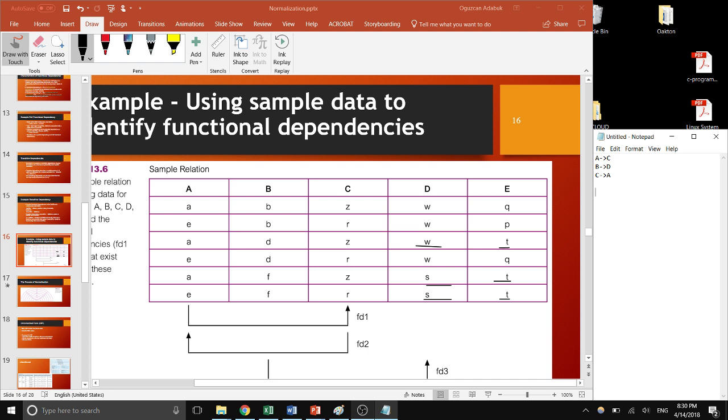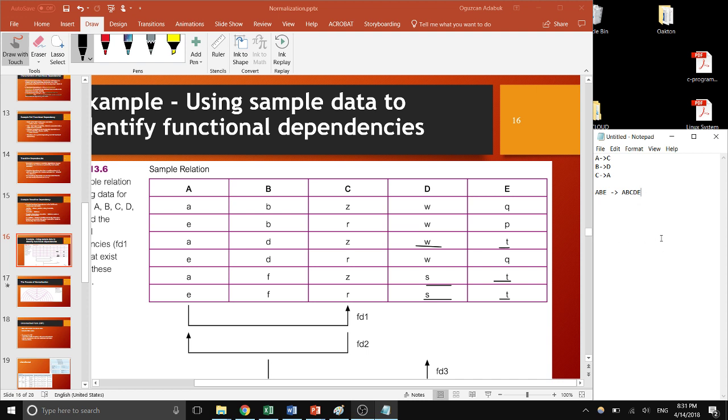So one key that can be found here is A, B, and E. That way you can determine A, B, C, D, and E. Is it fully functionally dependent?